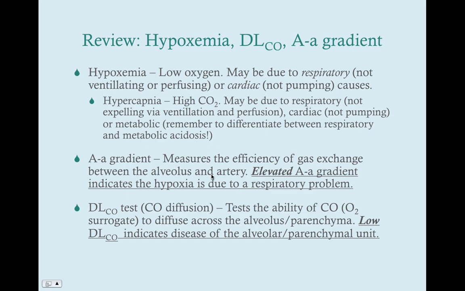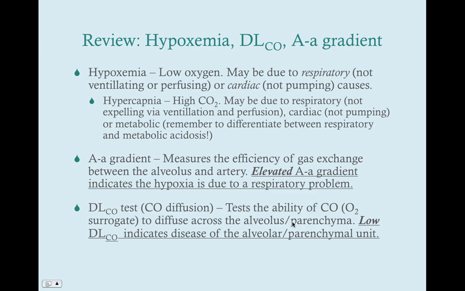Okay, the AA gradient measures the efficiency of gas exchange between the alveolus and the artery. And so an elevated AA gradient indicates the hypoxia is due to a respiratory or a lung problem. The DLCO test tests the ability of CO, which is an oxygen surrogate, to diffuse across the alveolus and the parenchyma.